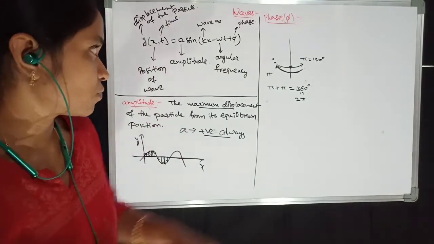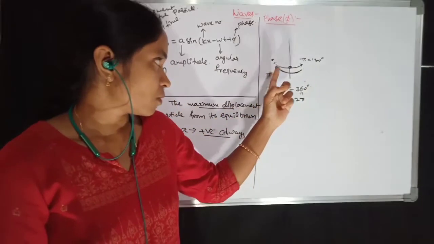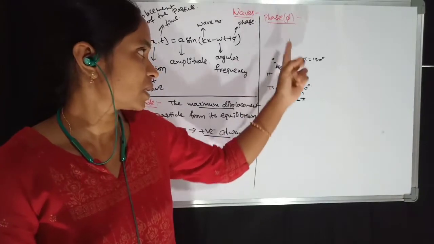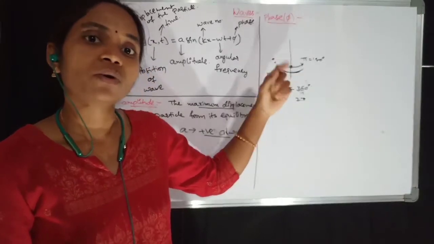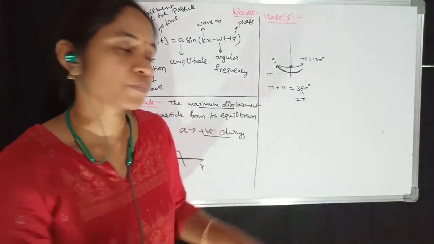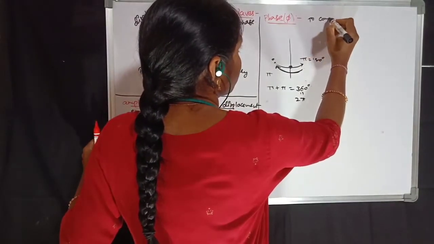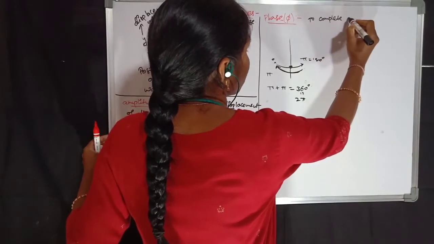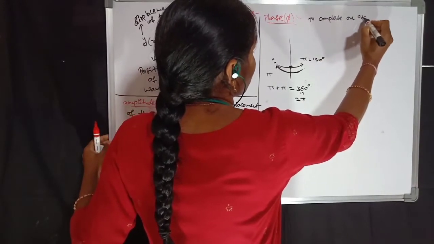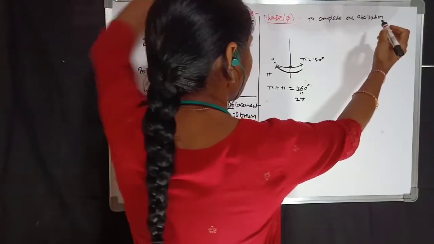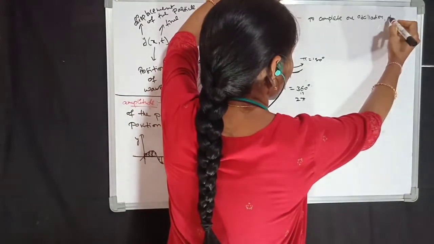So here phase is nothing but the distance covered by this particle to complete one oscillation. What is phi? The distance covered by the particle.